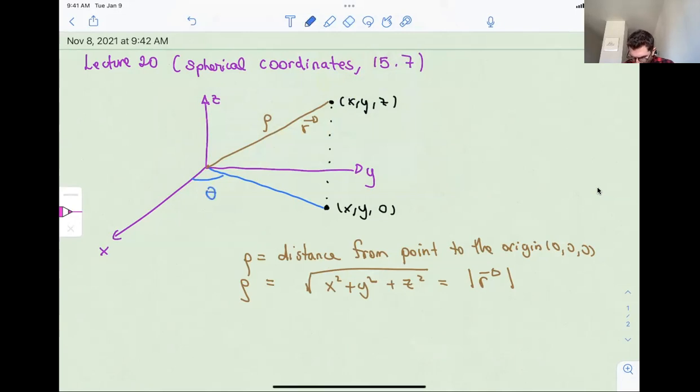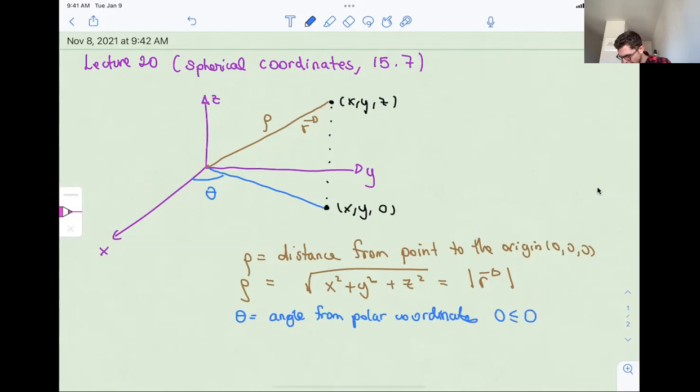Theta is the angle from polar coordinates, and it is between 0 and 2 pi.